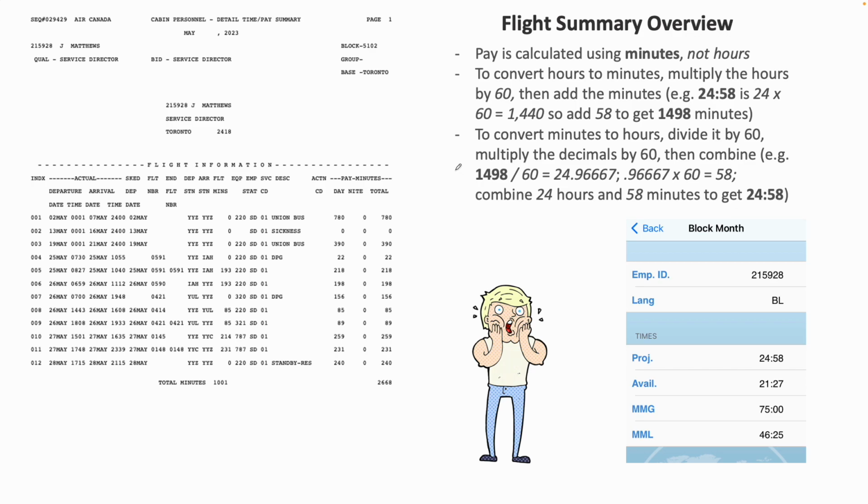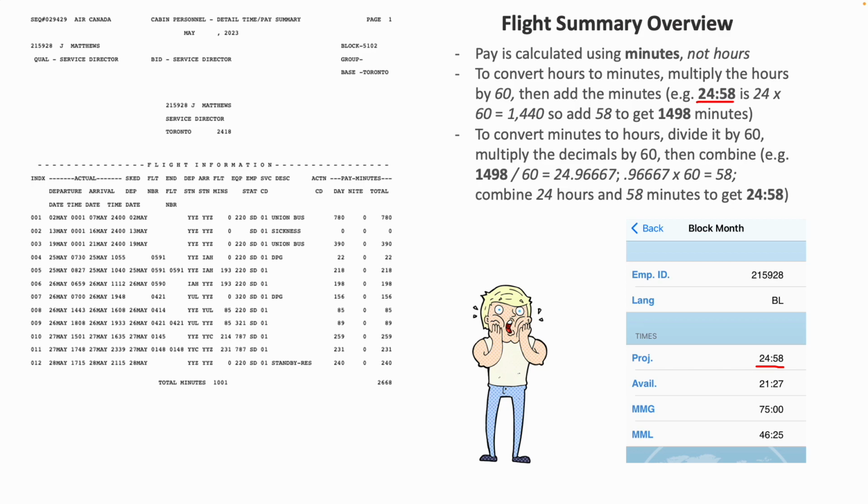And we'll briefly review how that works. So for example, in Globe, my projected hours are showing as 24 hours and 58 minutes. And I would want to make sure that I am paid for all of that time in minutes on my flight summary. So we would have to convert from base 60 to base 10. So we have 24 hours and 58 minutes.